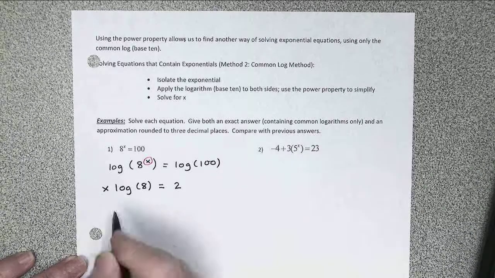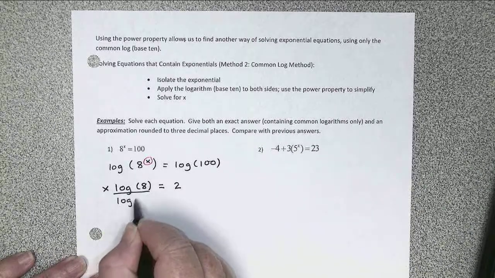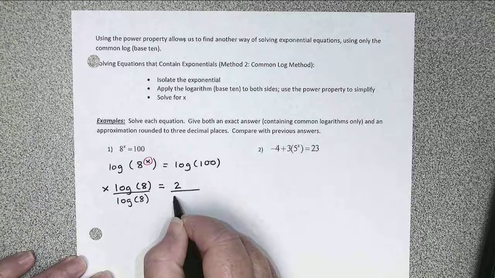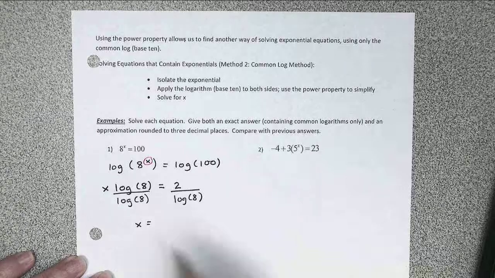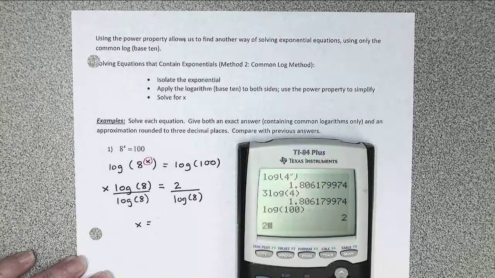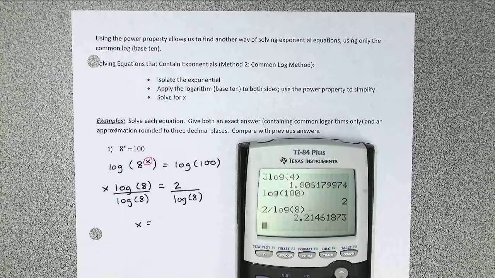All right, to get x by itself, it looks like I just have to divide both sides by the log of 8. And so I'll do that. And it's about 2.215.